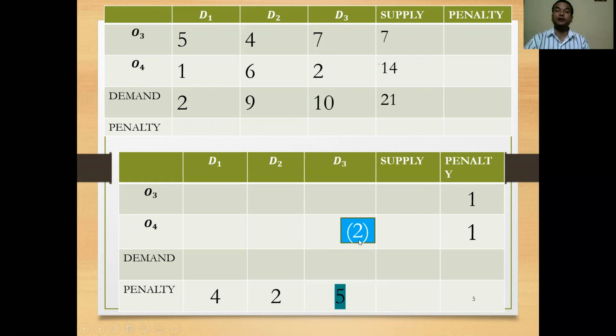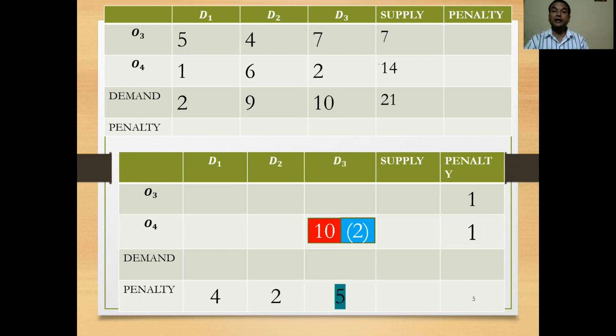Here we have brought this 2 from the above table, and now we have to think how many possible items can be distributed to this cell. So in this cell, total available item is 14, requirement is 10. So we can distribute 10 items.